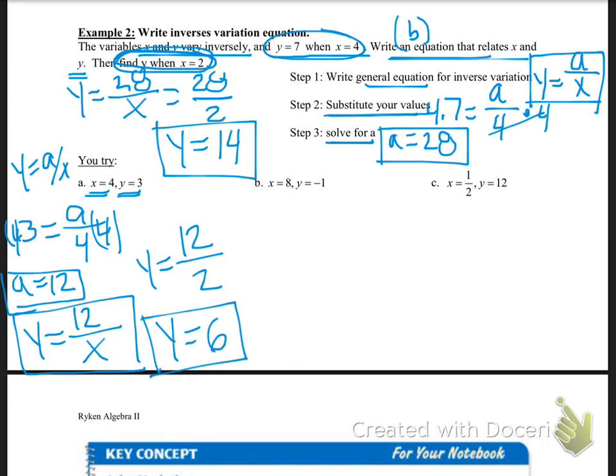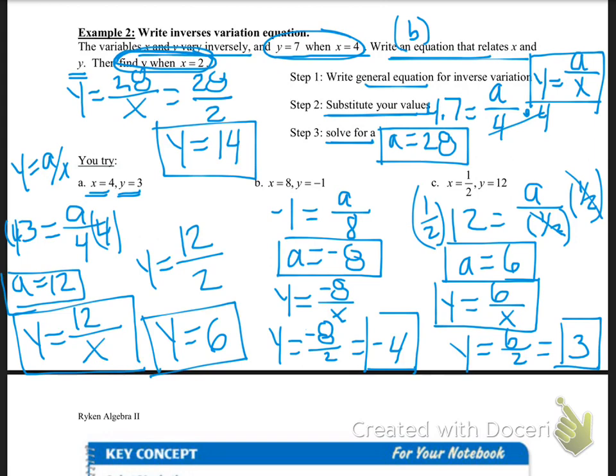Go ahead and pause the video and do B and C. Then resume to check your answer. So here you can see in B, I use the same formula, y equals a over x. I plugged in -1 for y, plugged in 8 for x, multiplied both sides by 8, and then a was -8.